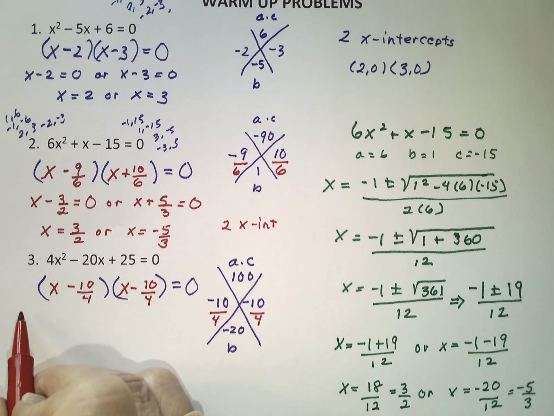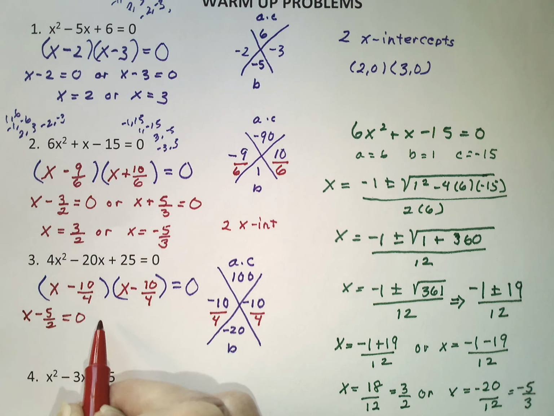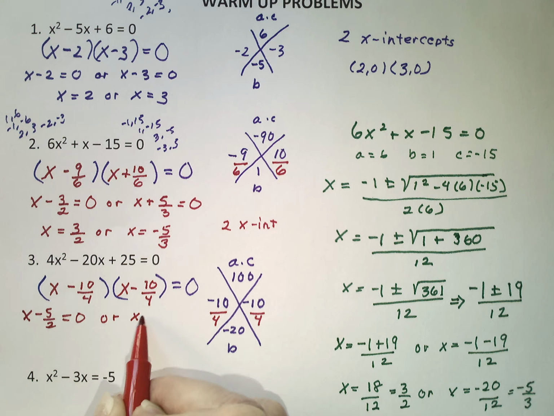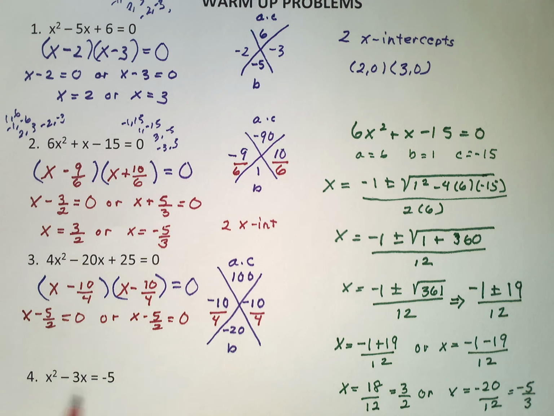So either x minus 5/2 equals 0, or x minus 5/2 equals 0. X equals 5/2, or x equals 5/2.